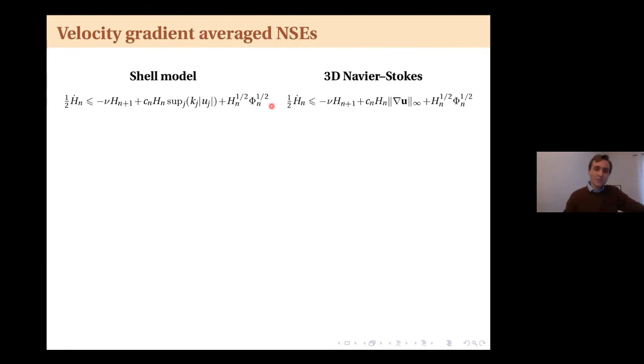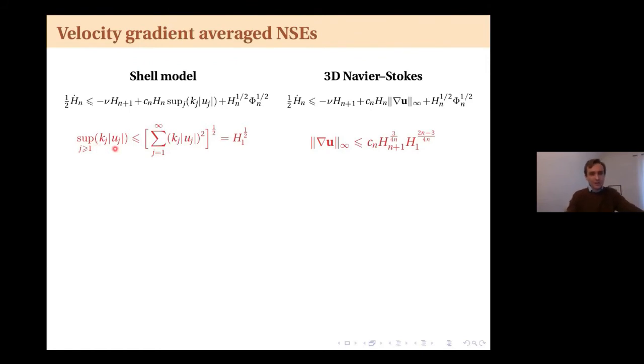But here comes the main difference. It's how these two terms, this one and this one, are estimated in the two systems. Indeed, in the shell model, the sup of Kj Uj is controlled by the entropy to the power 1/2. Whereas in the Navier-Stokes equations, the infinity norm of grad u is controlled by this product.